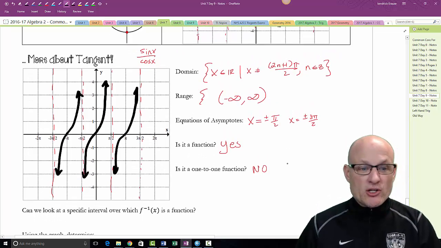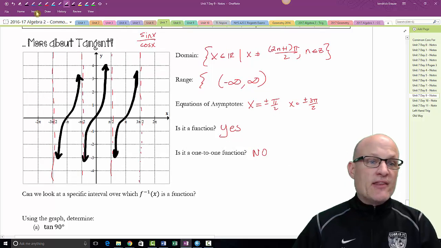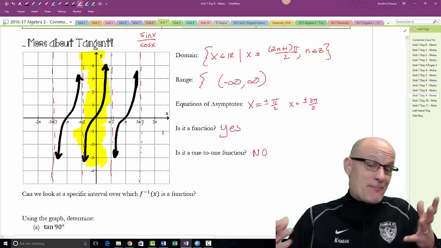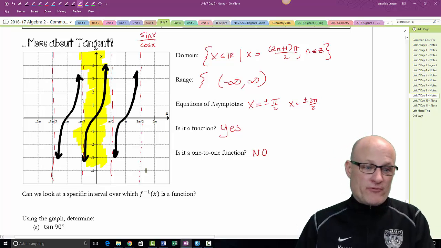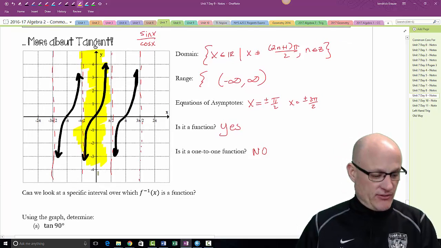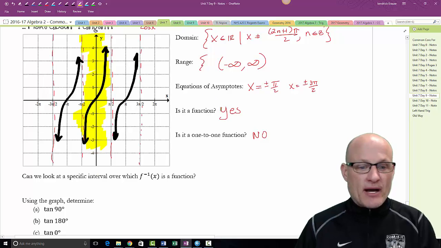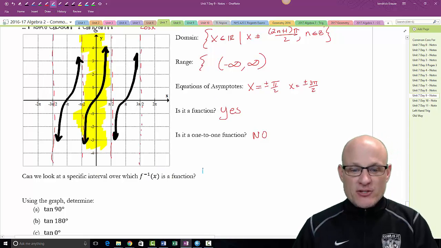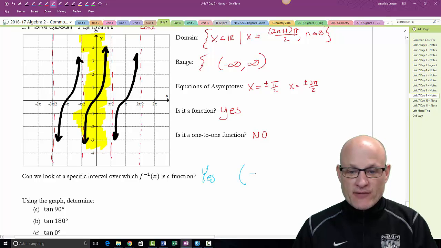No, but if we just look at it between these two points, from negative pi over 2 to pi over 2, that piece would be a one-to-one function. So the next question I said is, can we look at an interval over which the inverse exists, and the answer is yes, if we look at from negative pi over 2 to pi over 2.